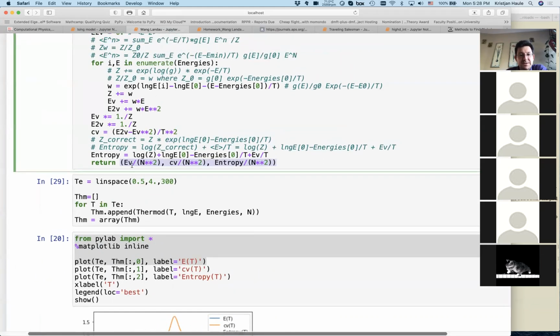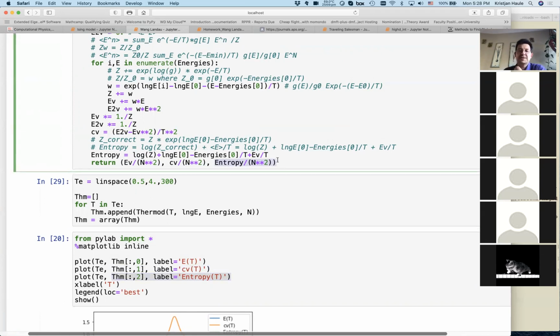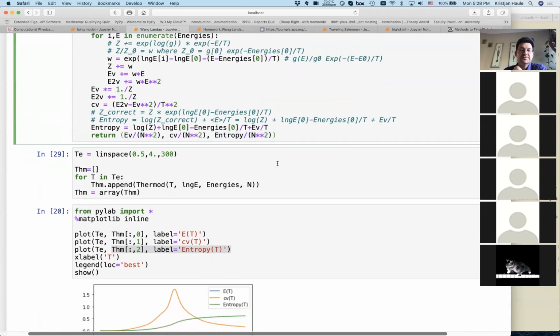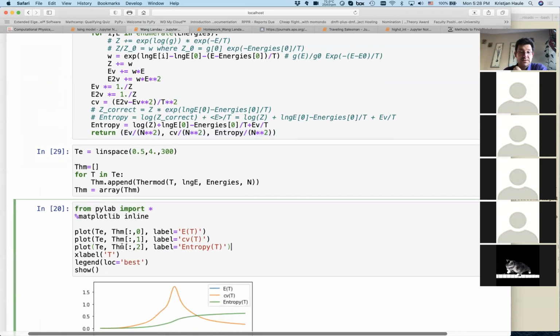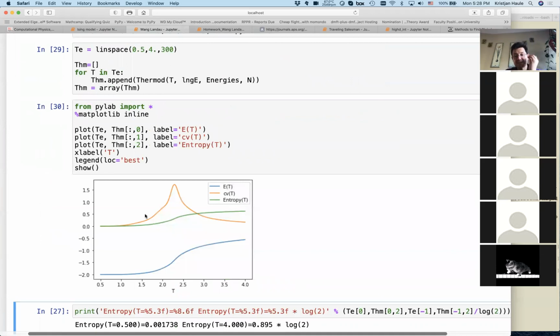The first quantity is average energy, the second quantity is specific heat, and the third quantity is entropy. Entropy is something that I added today. You don't have it yet in your notebooks, as far as I know. And then we add the labels and we plot the entire thing. Okay, so that's how it needs to look.